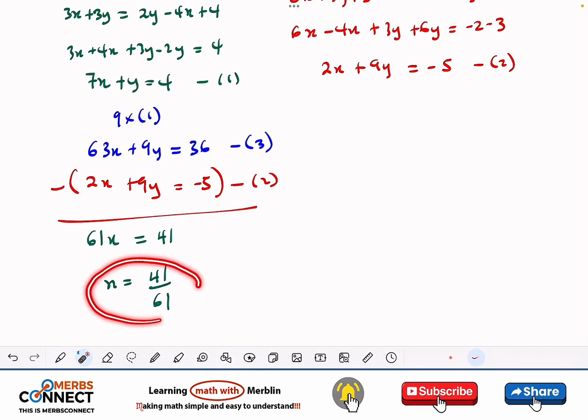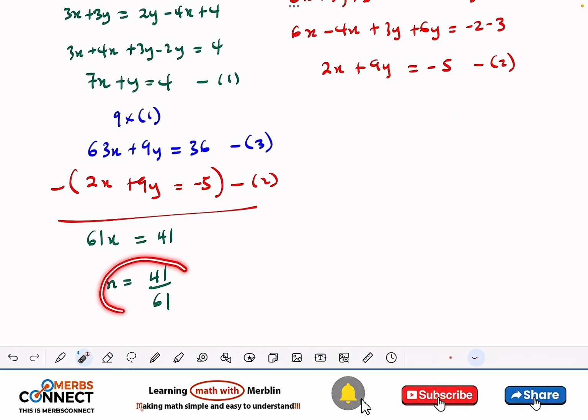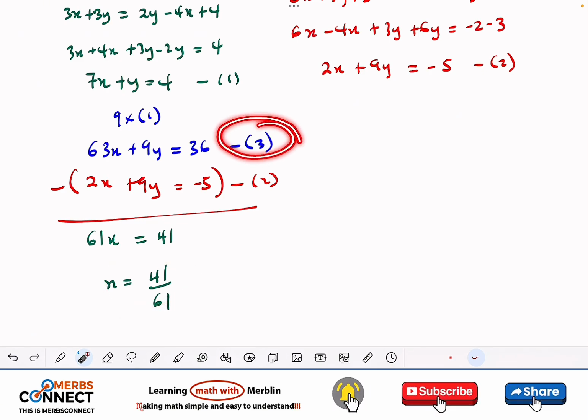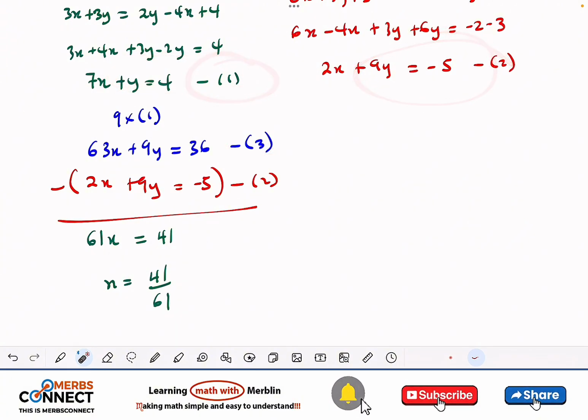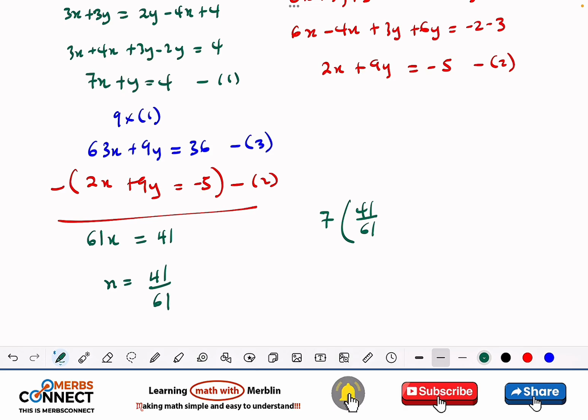Now that we have this guy, we can find y, right? So we can just plug this inside equation 1 or equation 2. But I'll plug it inside equation 1 so that I won't struggle a lot. So equation 1 is 7x plus y is equal to 4, where x is 41 divided by 61.